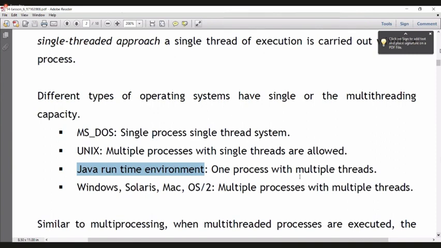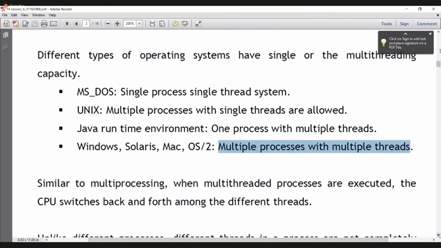Then if you consider the latest versions of Windows, another operating system called Solaris, and the Mac operating system on Apple computers, then OS/2, and IBM mainframes and so on, the large computers, they allow multiple processes with multiple threads.